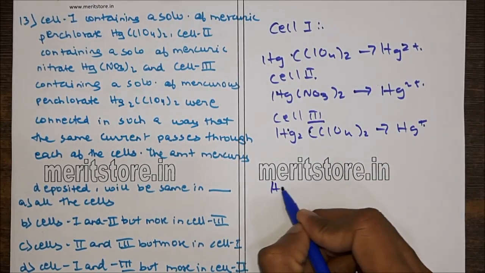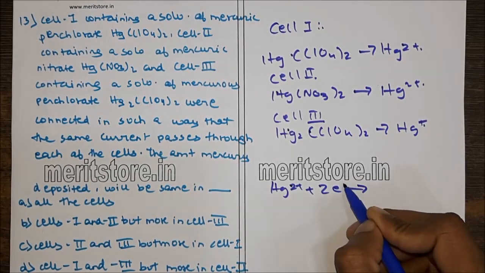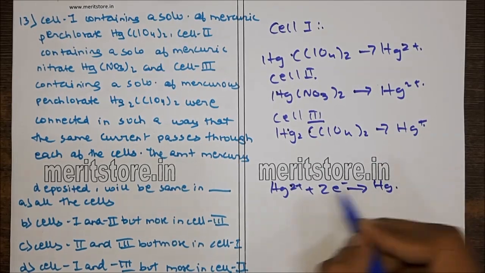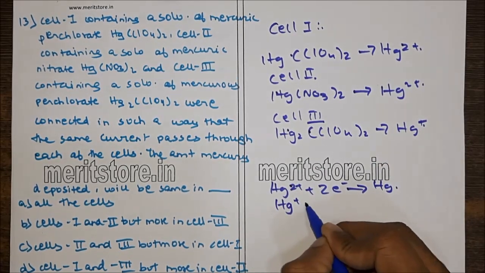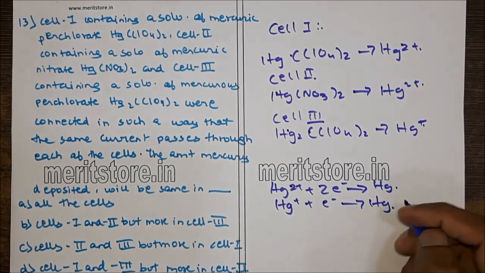Therefore Hg2+ gains 2e to form Hg, and Hg+ gains e, which gives us Hg.